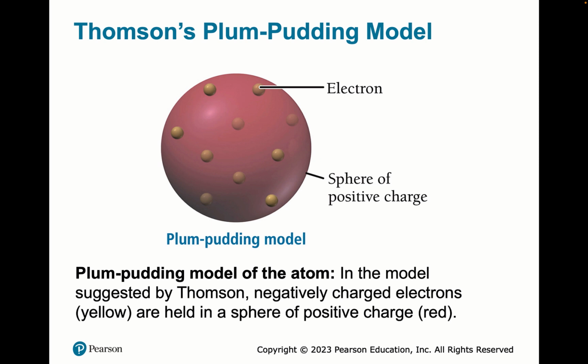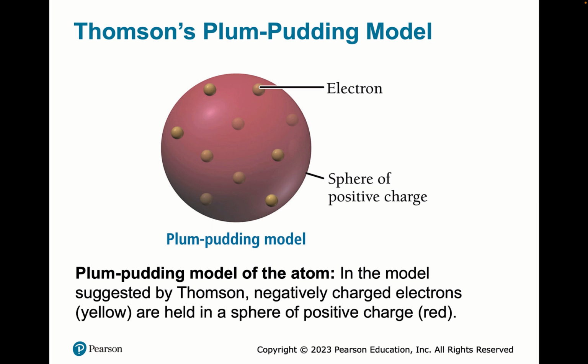And if you are an American watching this, probably a better way to think of this model would be like a blueberry muffin model. Imagine a big blueberry muffin where the muffin itself is the atom, and the blueberries in the muffin are the electrons.